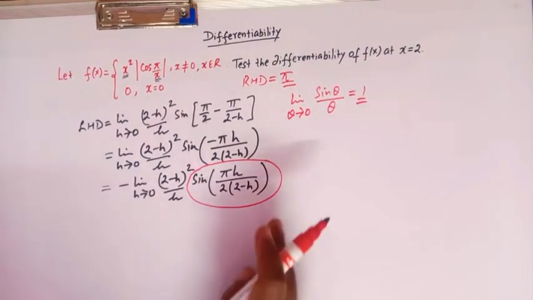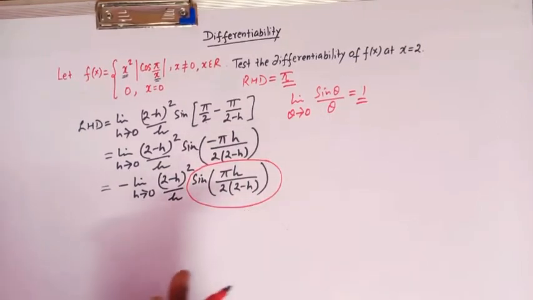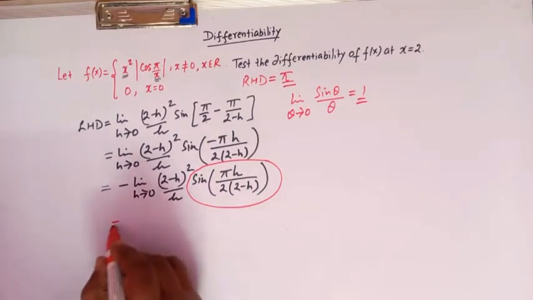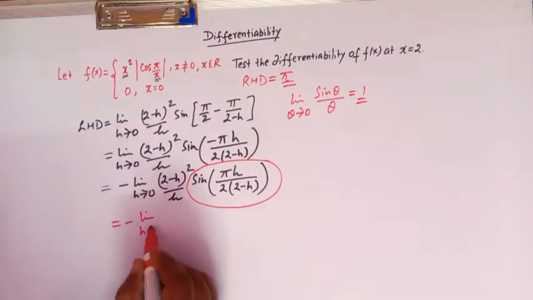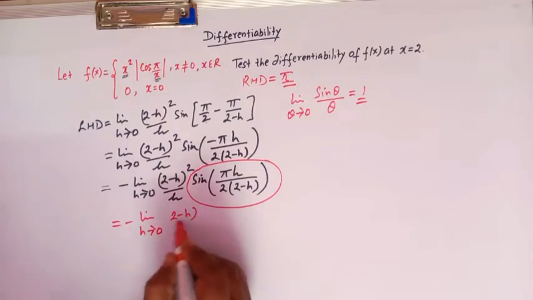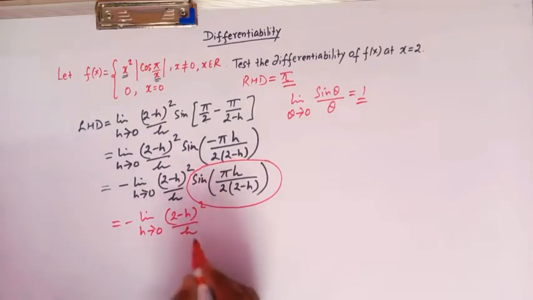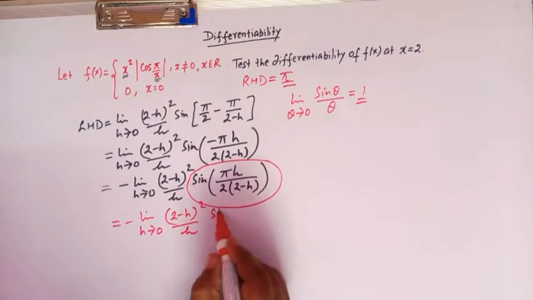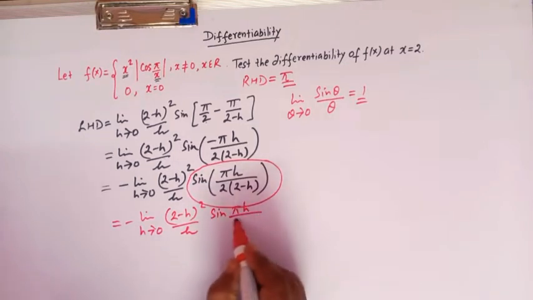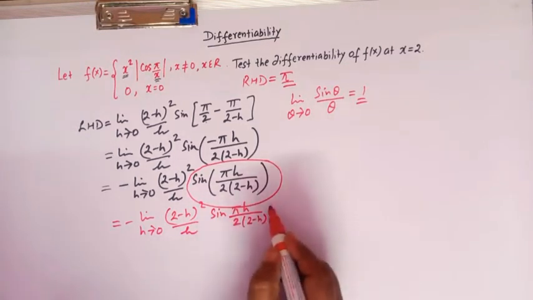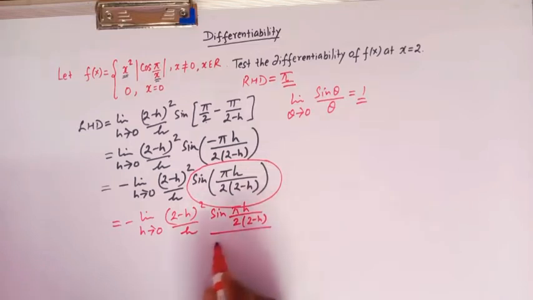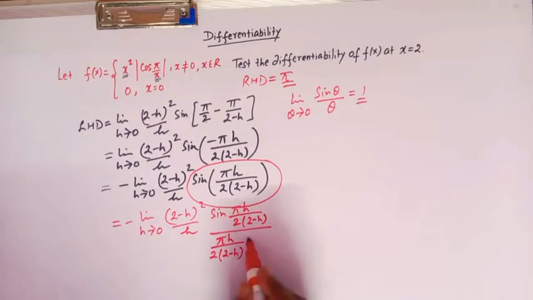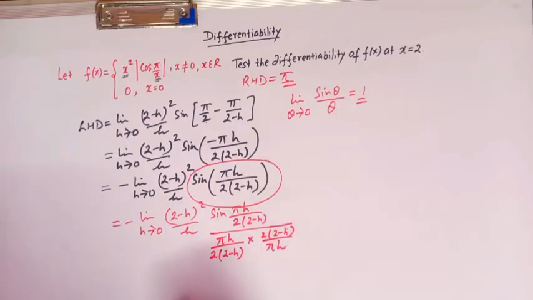As we have done while finding out the right hand derivative. So now we have limit h tends to 0, 2 minus h square over h, and we have sine of pi h over 2 times 2 minus h, divided by pi h over 2 times 2 minus h, multiplied by pi h over 2 times 2 minus h, right?